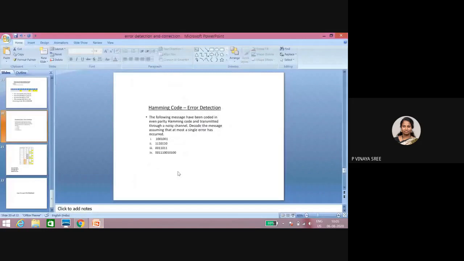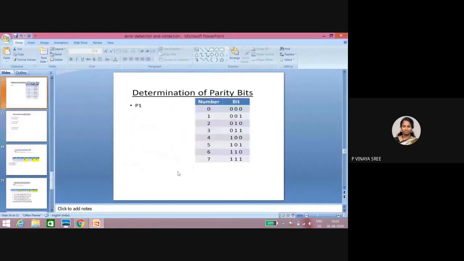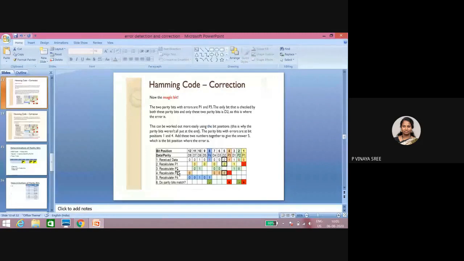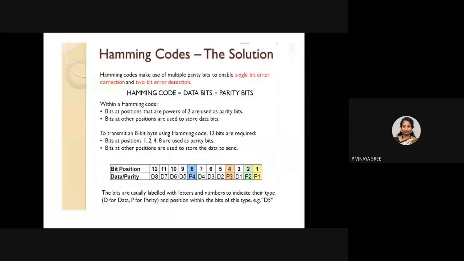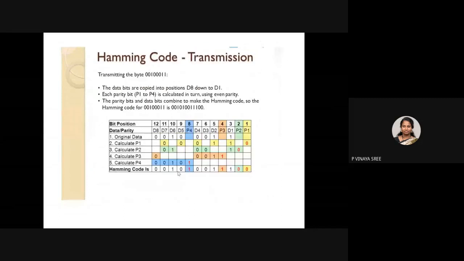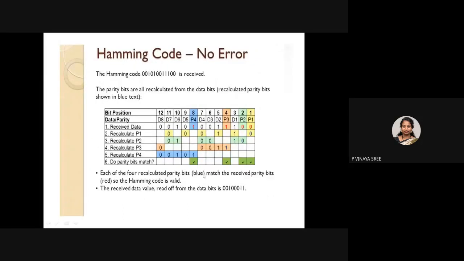Let me see whether it is correct or not. Yes, this is your answer. 0010. We calculated P8 as 1, P4 as 1, P2 as 0, P1 as 0. So now this is the data which will be received by the receiver. This is the Hamming code received by the receiver.